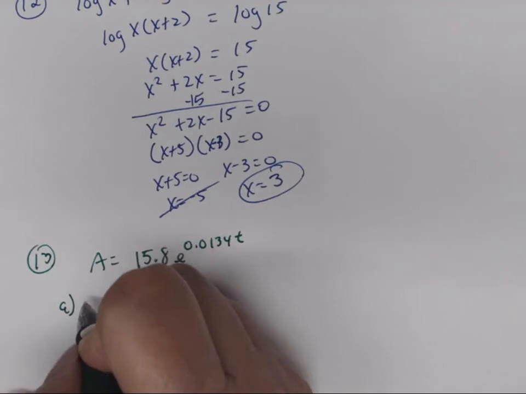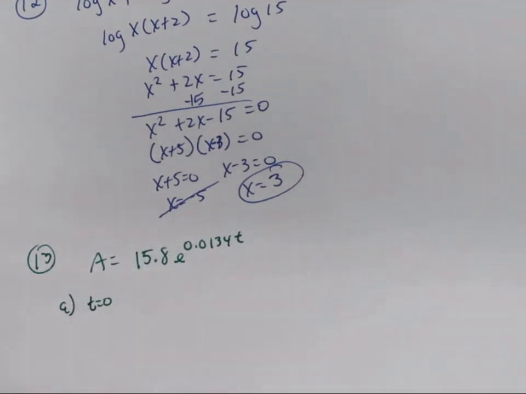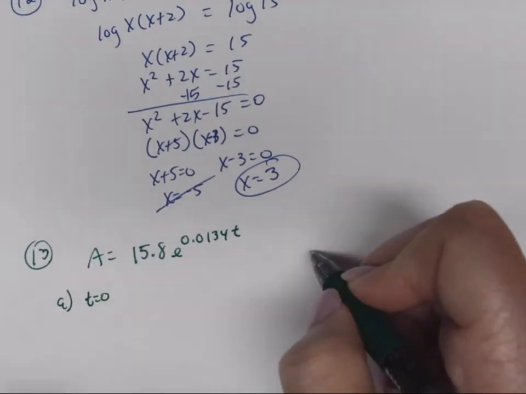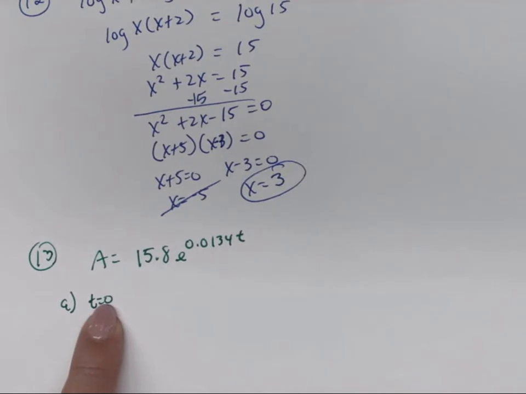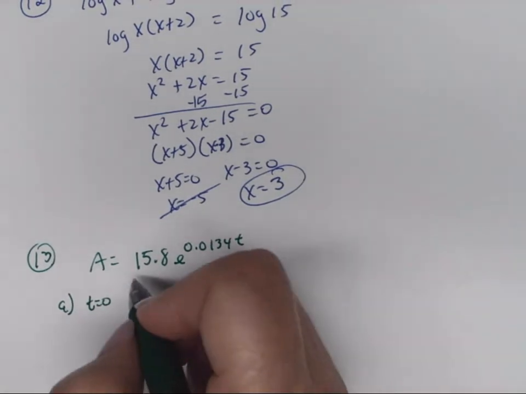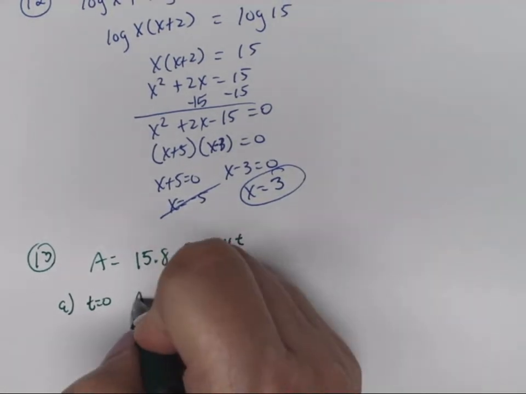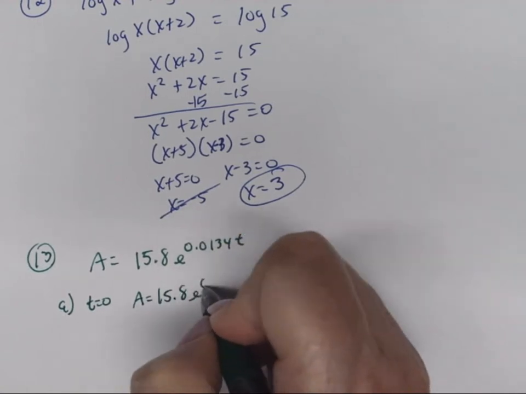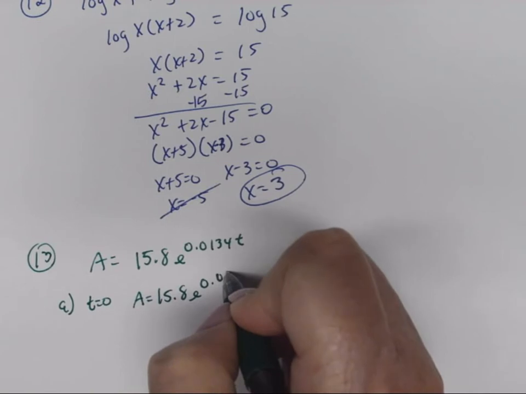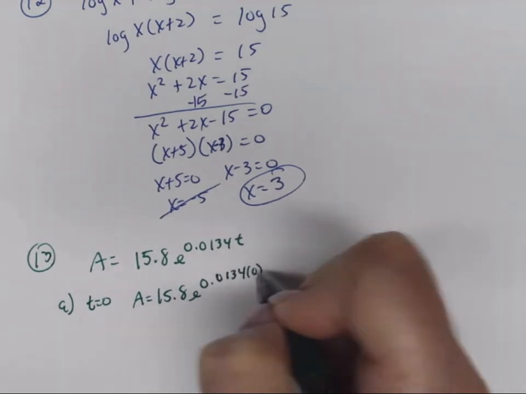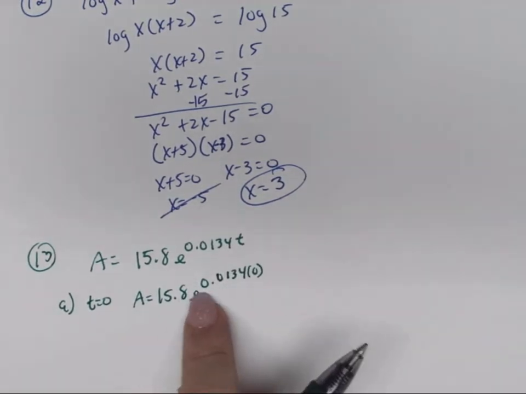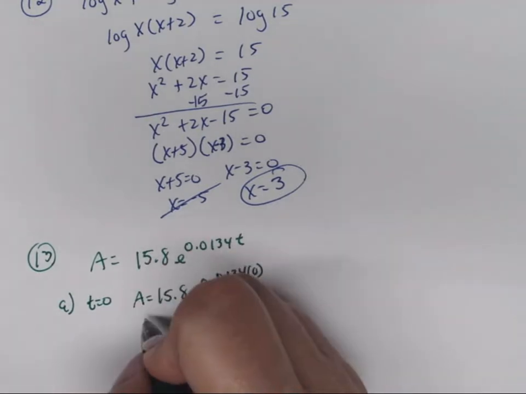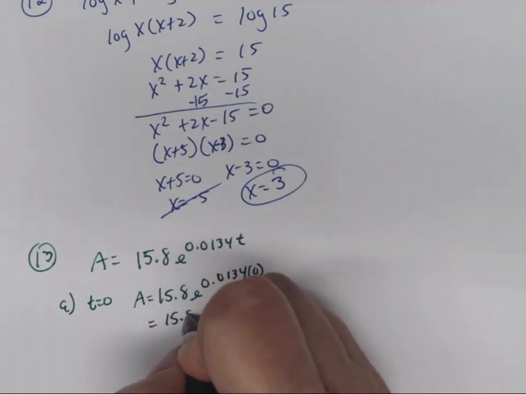So we have to do t is equal to 0, because it's years after 2010, so the year 2010 would be 0. You have to show me that plugged in. So A would be equal to 15.8 e to the 0.0134 times 0. Well, anything raised to the 0 power is 1, so it will be 15.8 million.